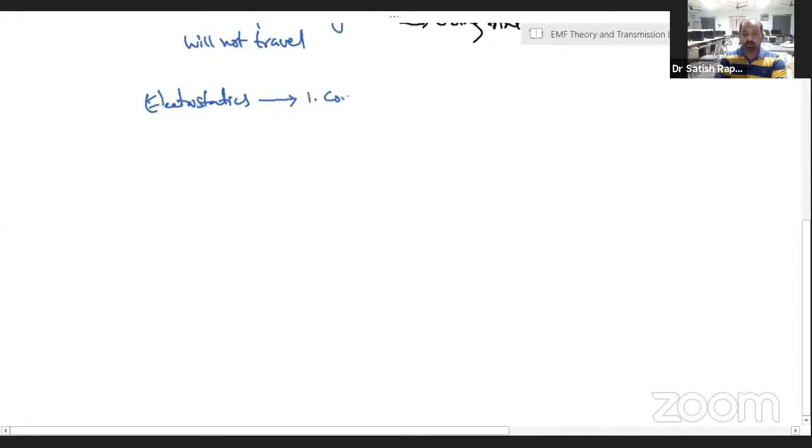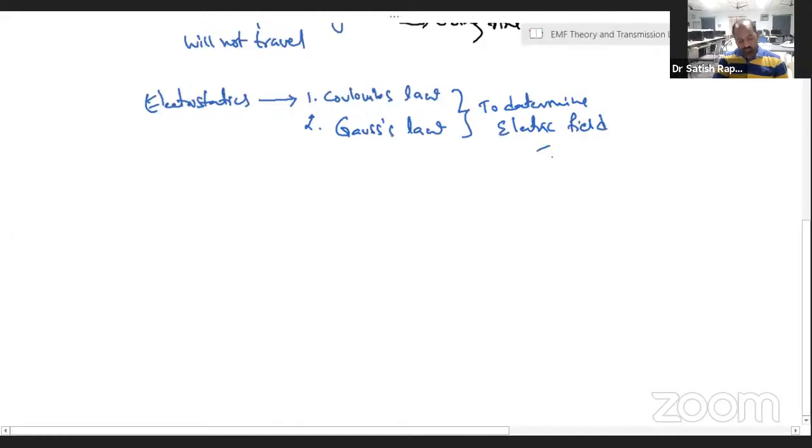So number one is Coulomb's law, and the second one is Gauss law. Coulomb's law and Gauss law are used to determine electric field at a point in space.